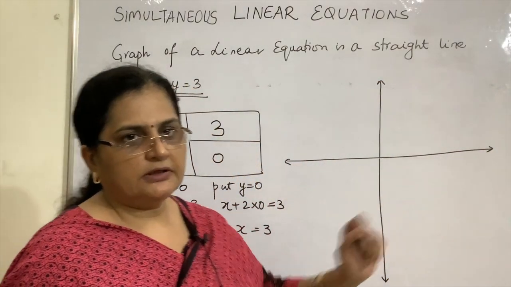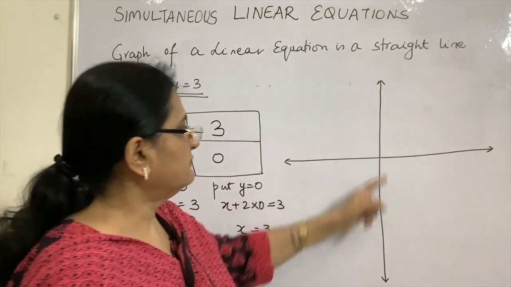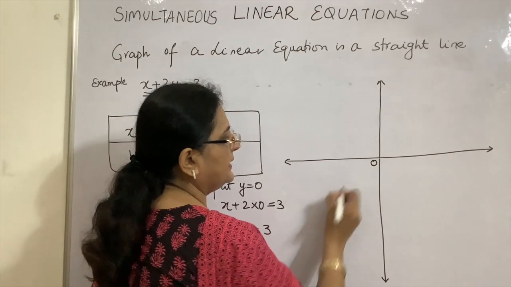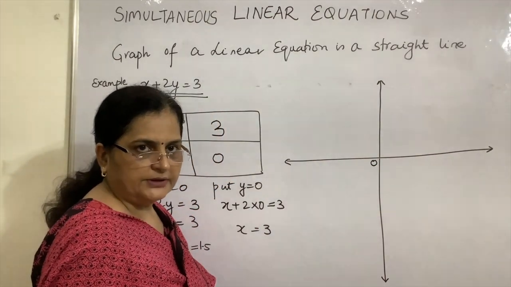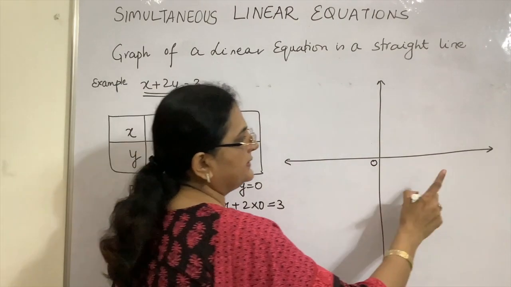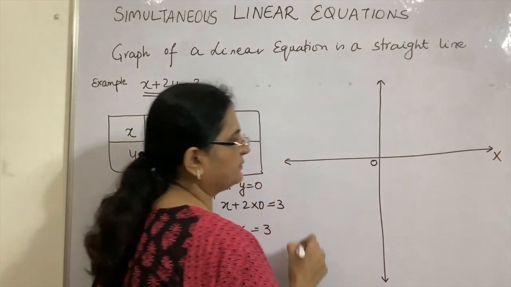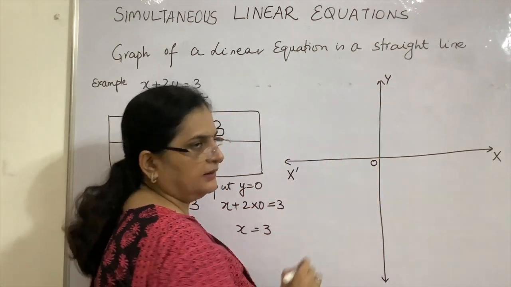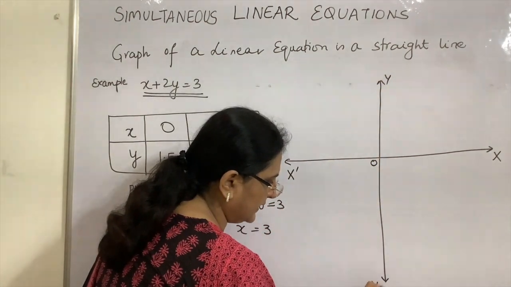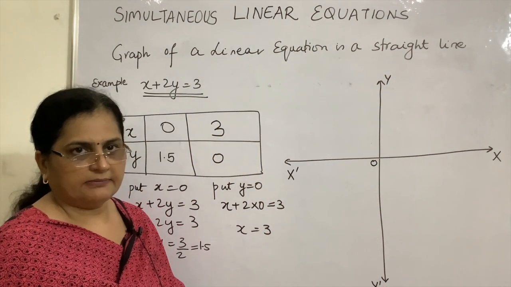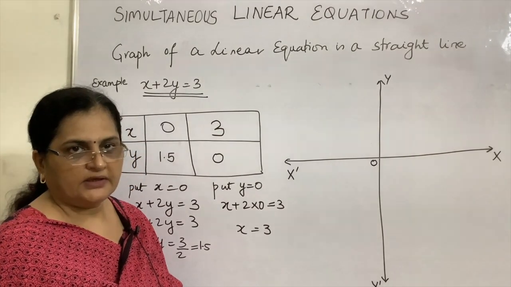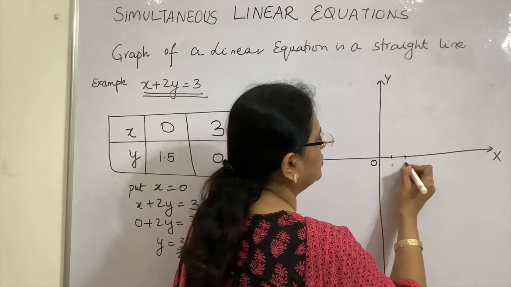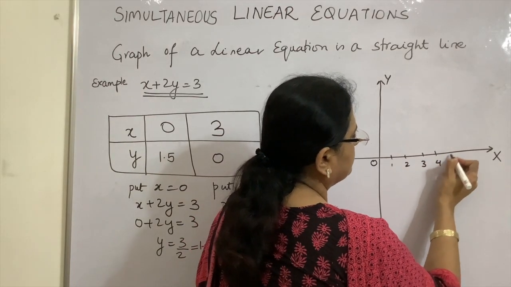The horizontal one known as the x-axis and the vertical one known as the y-axis. They are intersecting at the origin or point O. The right hand side part is known as positive x, left hand is negative x, upper is plus y, and lower is minus y.